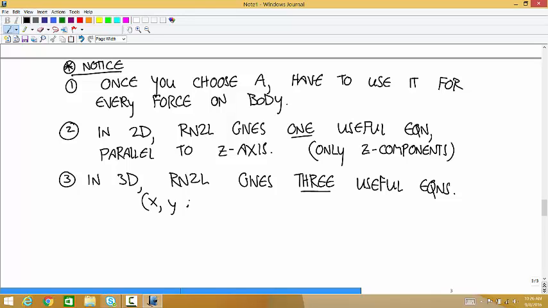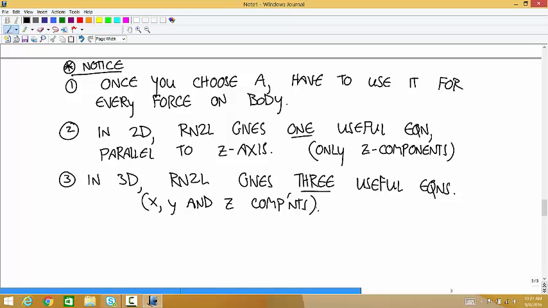Those are x, y, and z components. Any questions about anything yet? Yes, the first one.